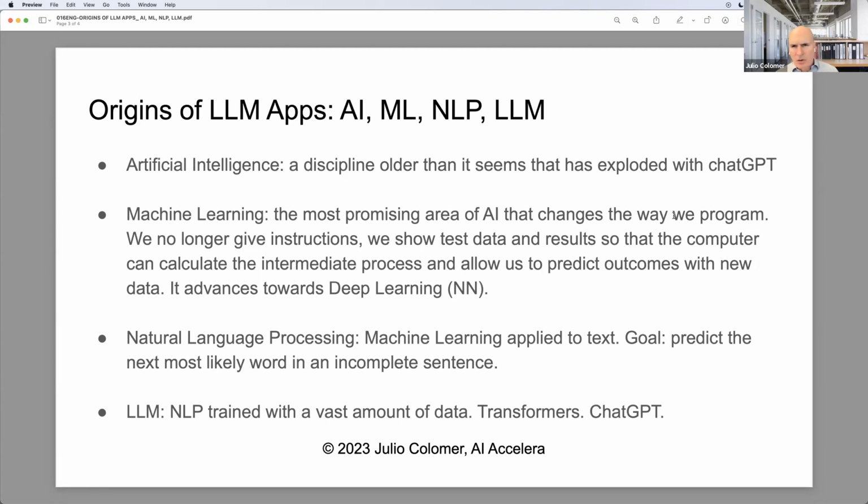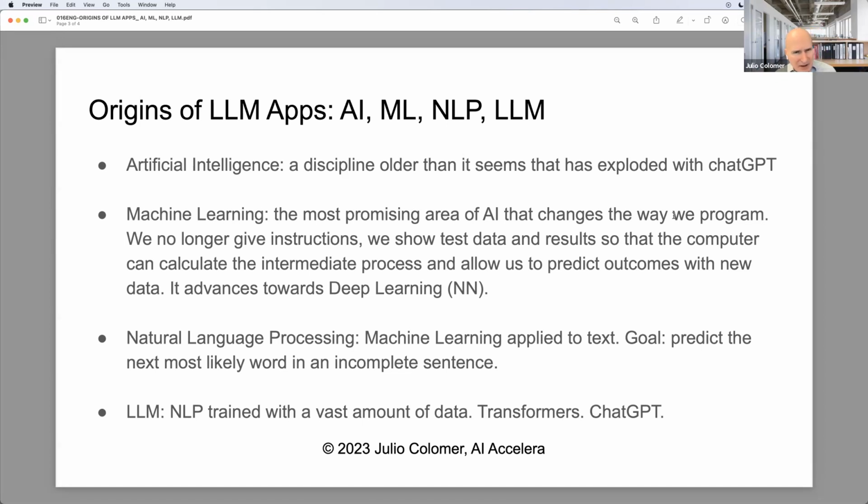So we give the computer a small number of inputs and outputs, and we ask the computer, now you figure out what you need to do in order to go from those inputs to those outputs. And when you have that, we will use your model in order to make predictions with new input data. Okay? So this is machine learning.